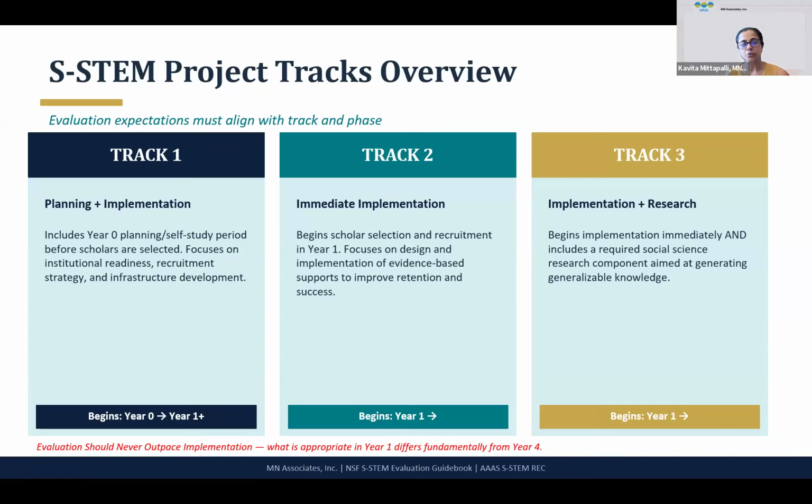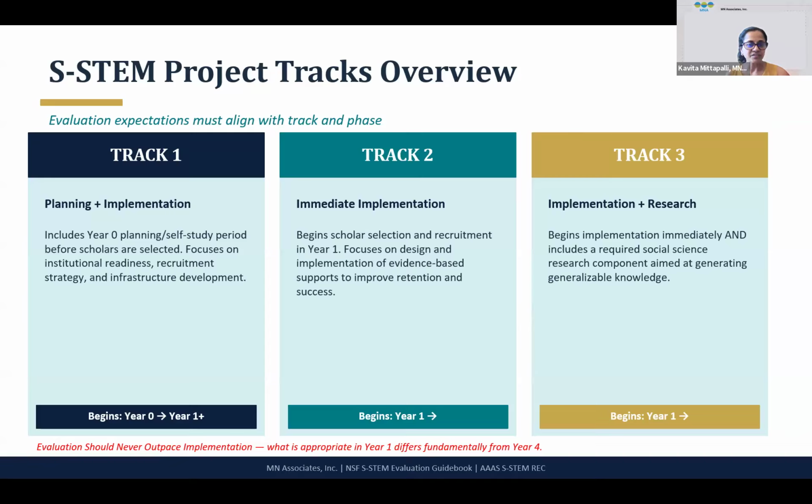The overriding rule, as we see it, and most of you here will agree, is that evaluation should never outpace implementation. We've had some instances where the PIs or the co-PIs, whoever is running the show, are very eager to know in year 2, please tell us what the impact of our work is.